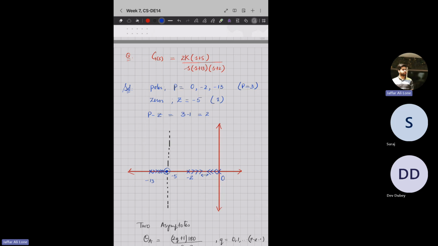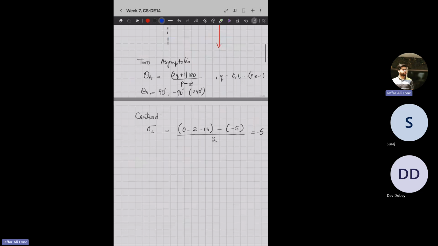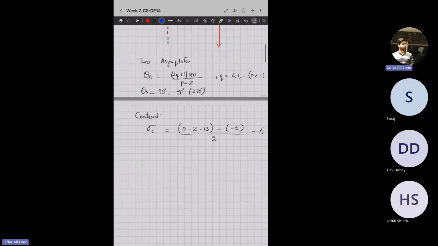Fine. And these 2 poles will go to infinity and they will break at a breakaway point, which we will find shortly, and go to infinity via the asymptotes, the angles of which we have already calculated, and the intersection of these asymptotes with the real axis is also calculated. Now we have to find the breakaway point. How do we find it?